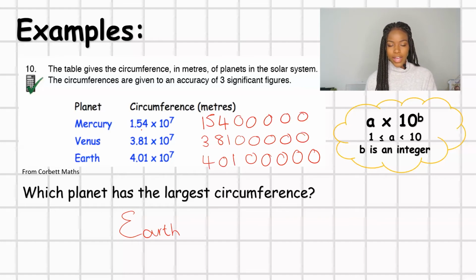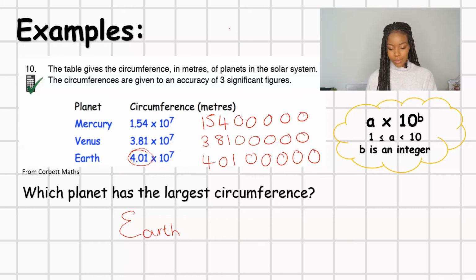So I know that I am looking for the one with the highest power of 10, but they're all to the power of 7, so they're all going to end up the same size, if I can say. The only thing that we have to look at is the A's in all of these standard forms, and we would see that 4.01 is the biggest. So immediately I would know that Earth will be the biggest number because it's the biggest.